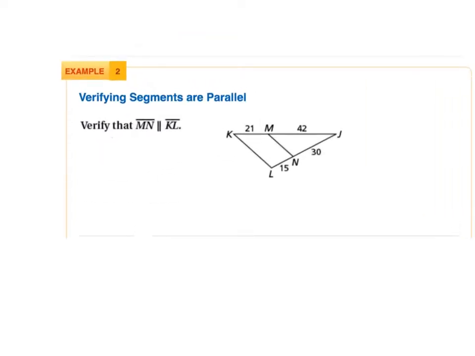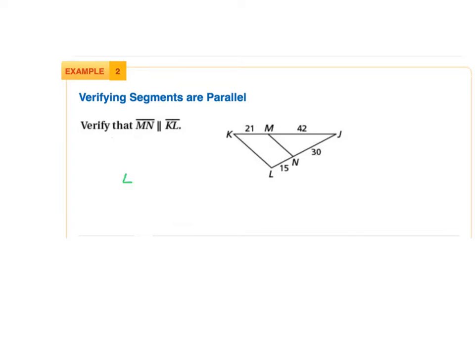So in our next example, we have to verify that MN is parallel to KL. So what do we need to do in order to verify that these lines are parallel? See if the sides are proportional. So we need them to have the same proportion.